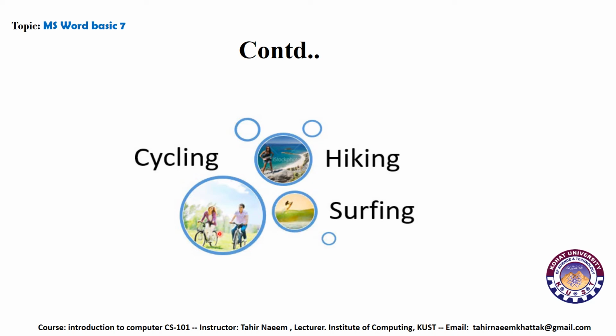We have selected this bubble pictures list graph from the list, and you can see that we have replaced this with cycling, and here we have inserted the picture of cycling, and here the picture of surfing, and we also changed this text to surfing, while here we have inserted the picture of hiking, and I have also altered the text to hiking. So basically the end result will be like this.